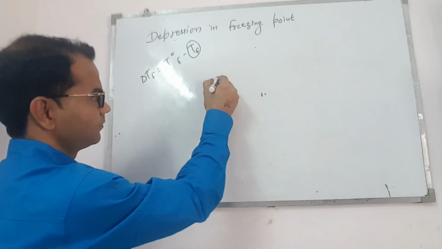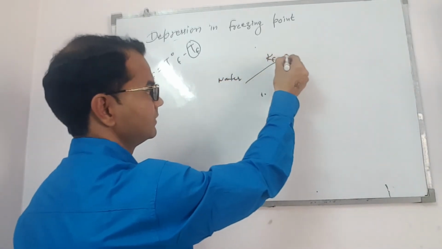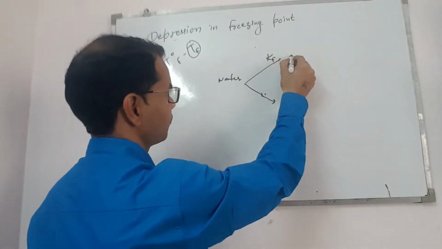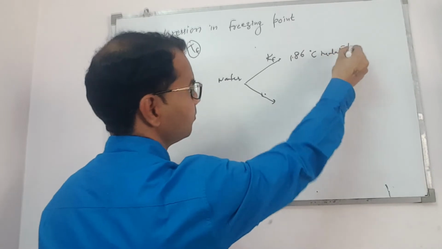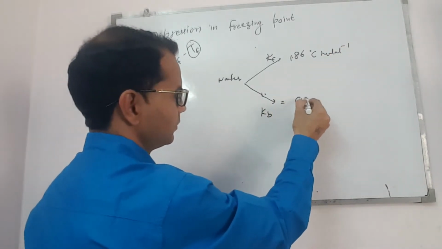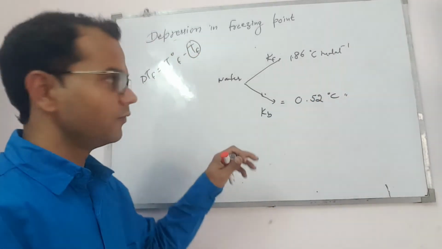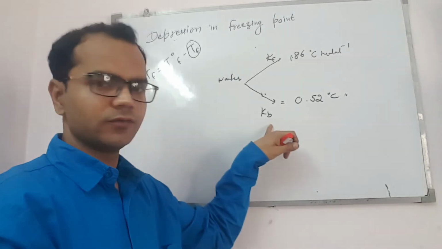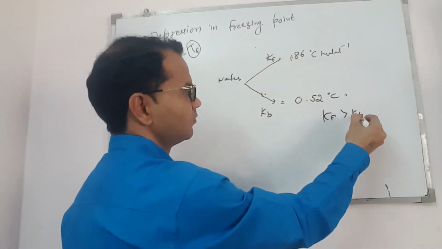For water, Kf is 1.86 degrees Celsius per mole. Kb is 0.52 degrees Celsius per mole. Why value of Kf is higher than that of Kb? Kf is greater than Kb.